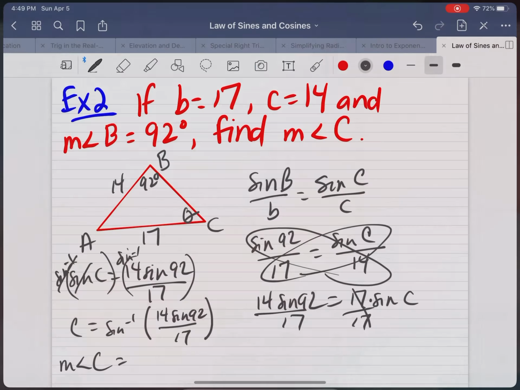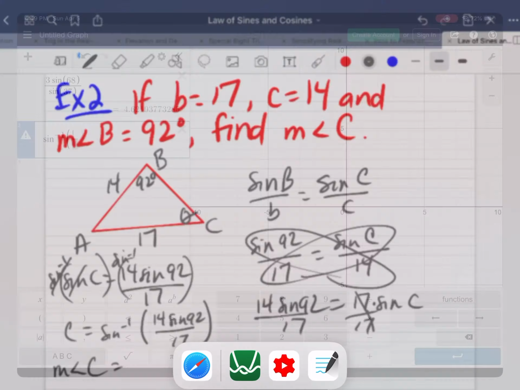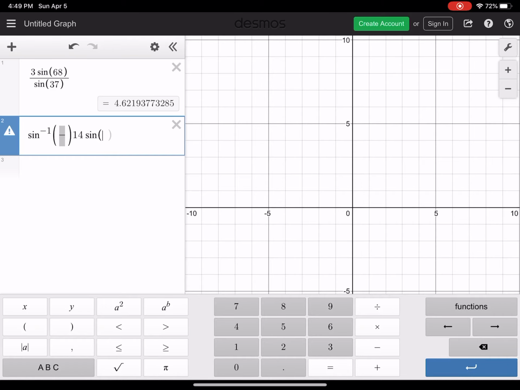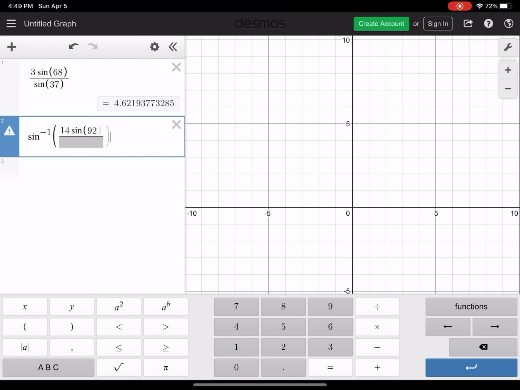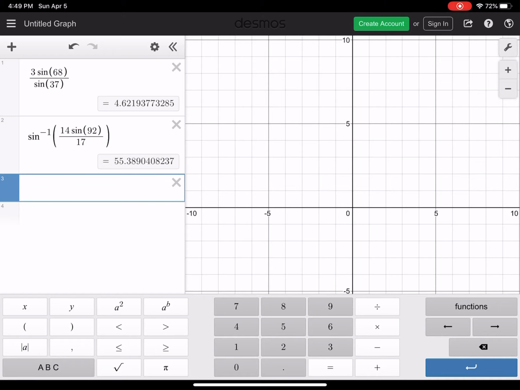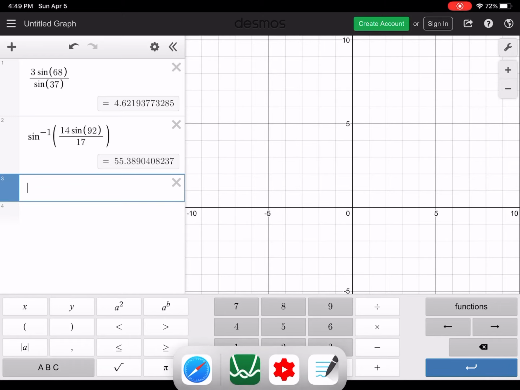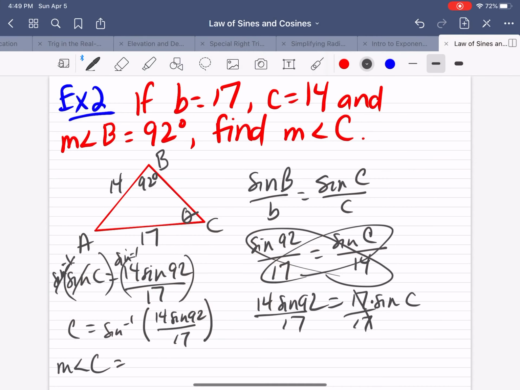The numerator is going to have 14 sine 92 over 17. So the answer is 55.4 if I round to the nearest tenth. So the measure of angle C is 55.4.